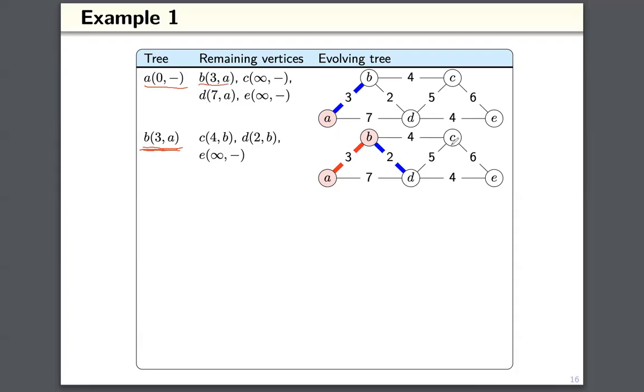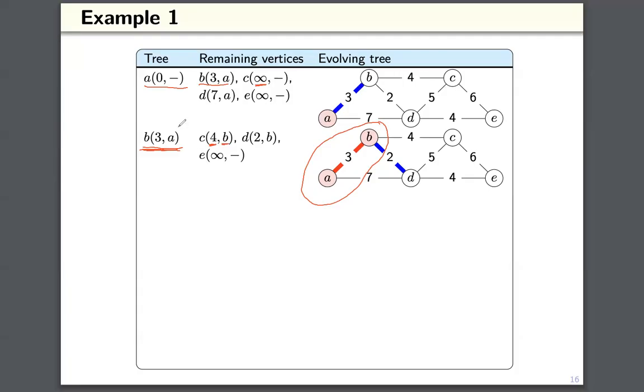Now let's think about C. C was unreachable at first from A, but now B is also in the tree. Now C is reachable from this tree, because C is reachable from B at a distance of 4.